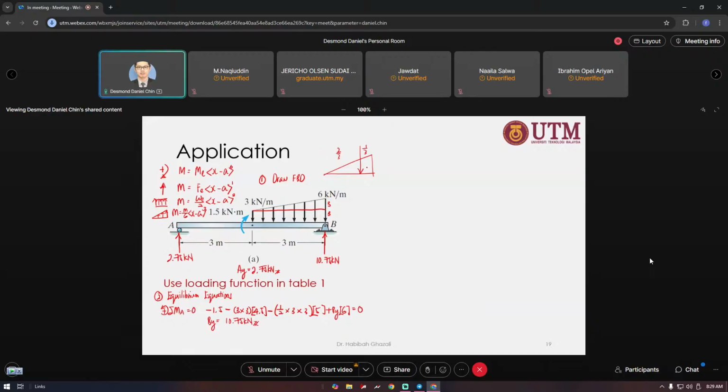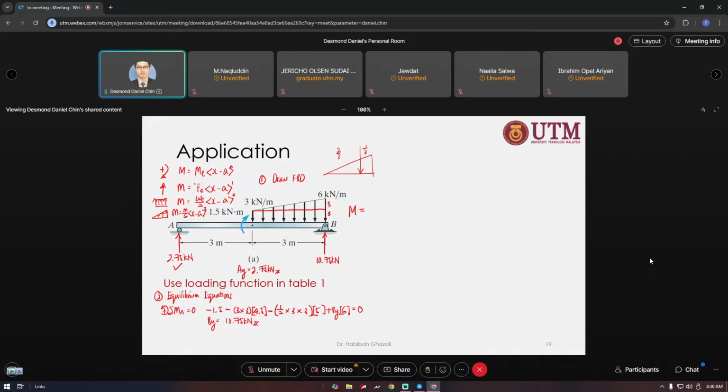So this is how you apply it. So M is equal to, you have to take a look one by one. From the left-hand side, number one is you have a point load pointing upward, 2.75. Among these four equations, which one is the closest one? The second equation.